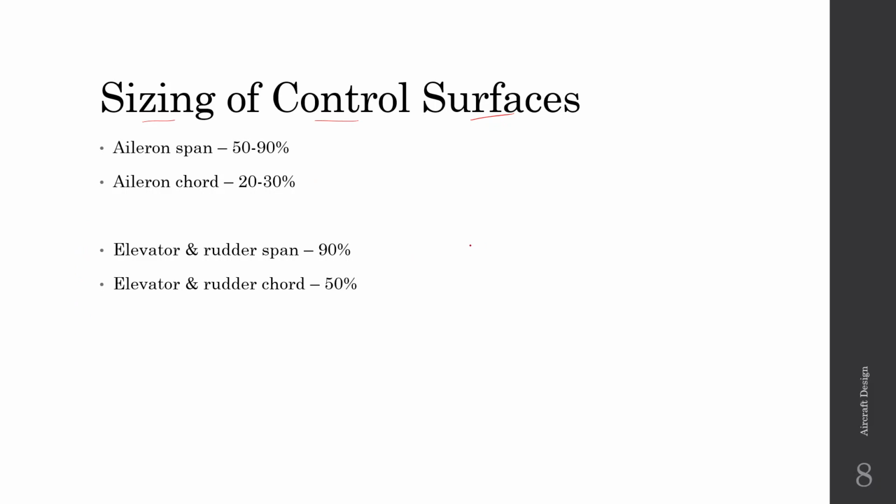All of these control surfaces have some span and some chord. For elevator and rudder, it has been found that, if this is the rudder, then the rudder's chord is at most 50% of the vertical tail chord.